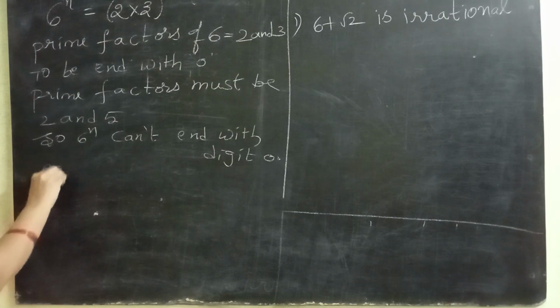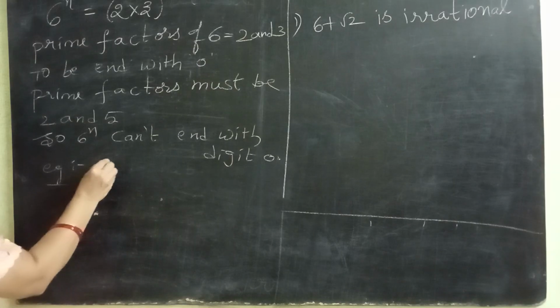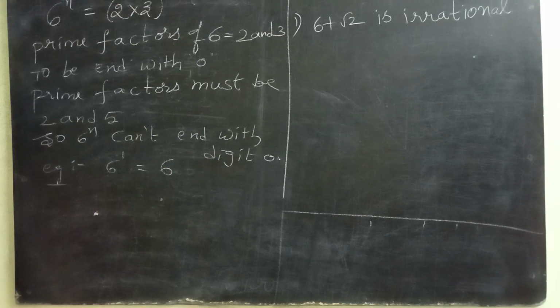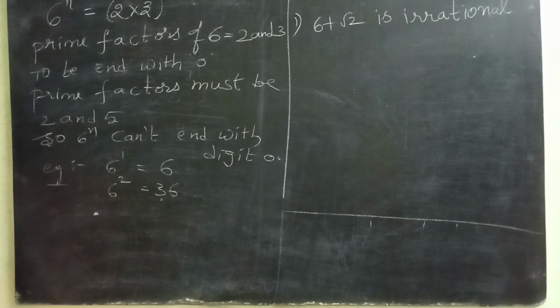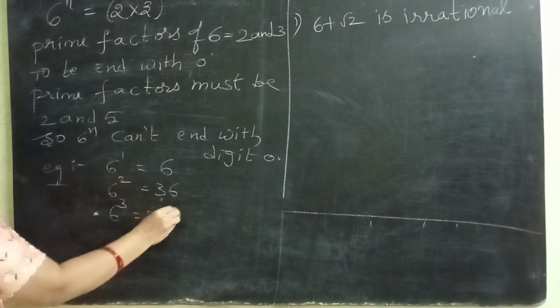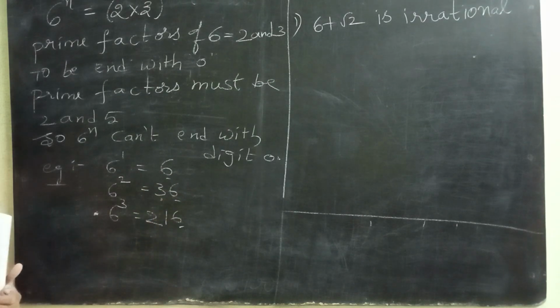Understand? If you want an example, n is natural, he said. As an example, in place of n I substitute 1: 6 power 1 is 6. Substitute 2: 6 square is 36. Substitute 3: 6 cube is 216. What is the unit digit? The unit digit is 6.